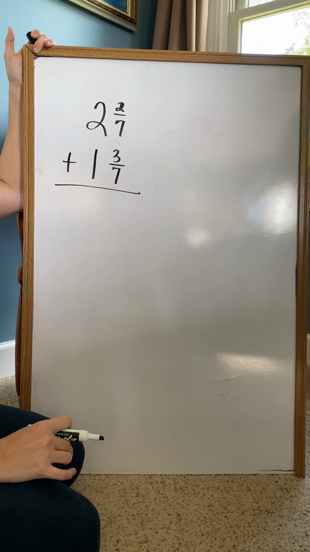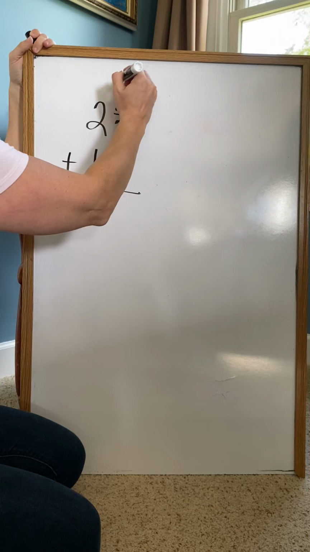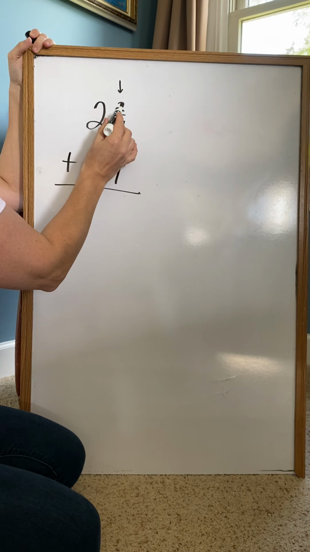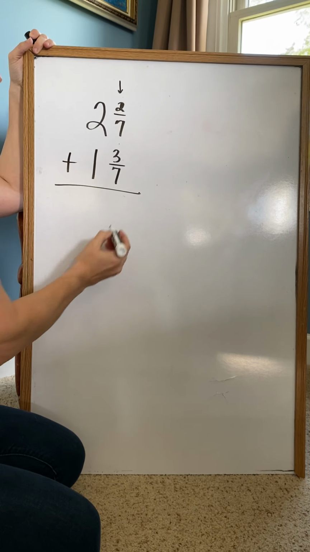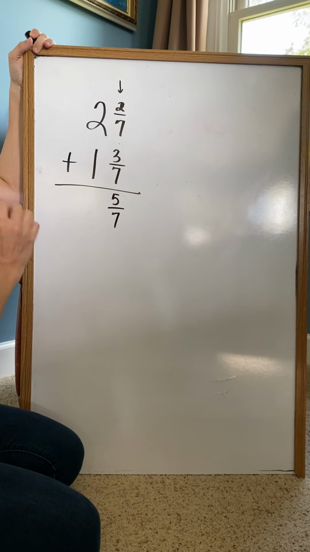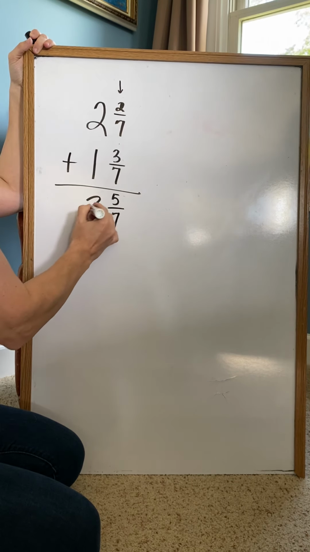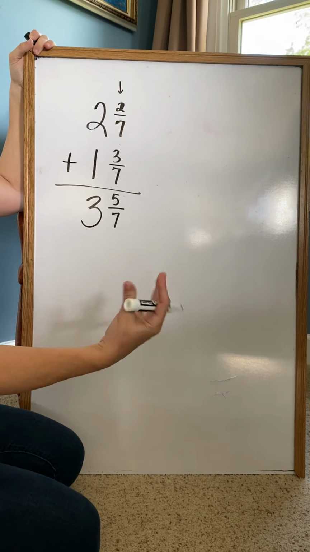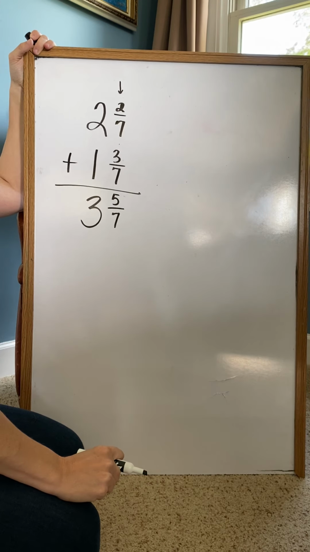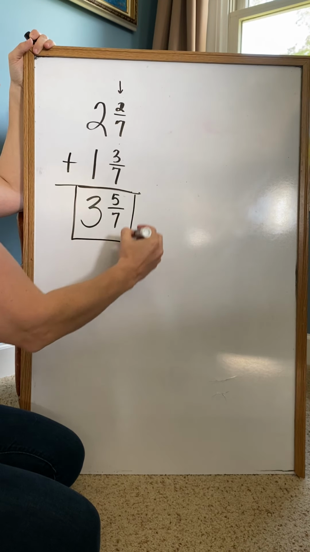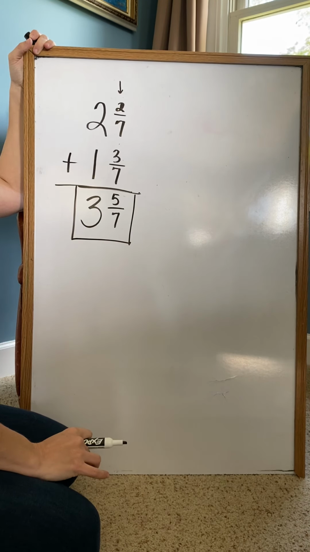So just like when we're adding whole numbers, we're going to start with our smallest place value. 2/7 plus 3/7 gives us 5/7, and 2 plus 1 is 3. So let's take a look at our fraction part. It looks like it's in the right form. Doesn't need to be simplified. So our final answer here is 3 5/7.